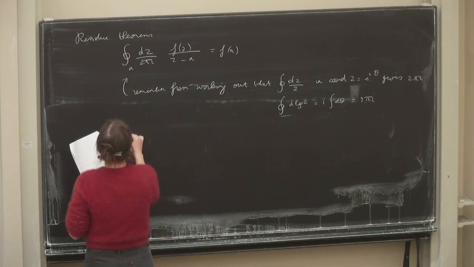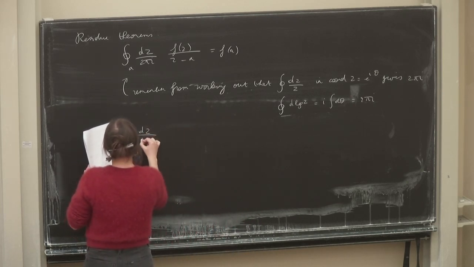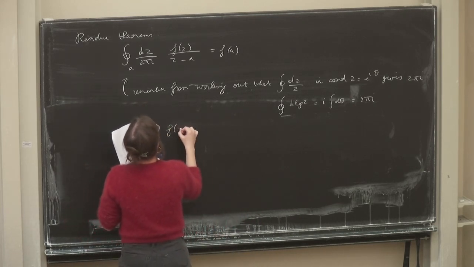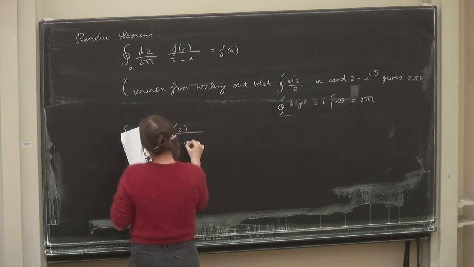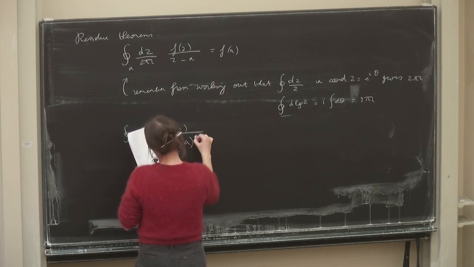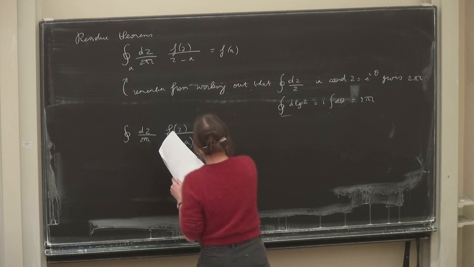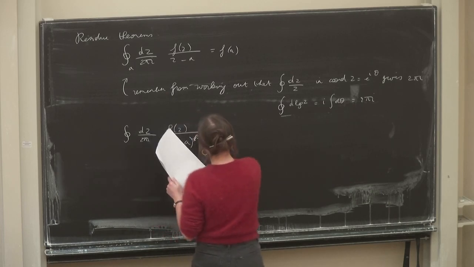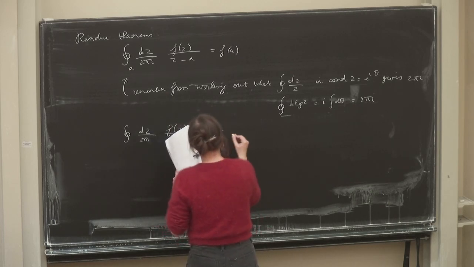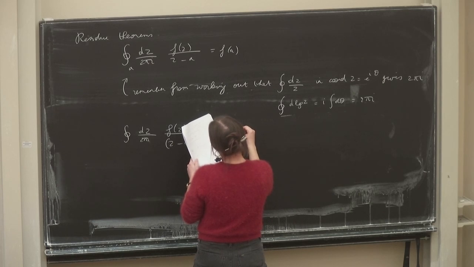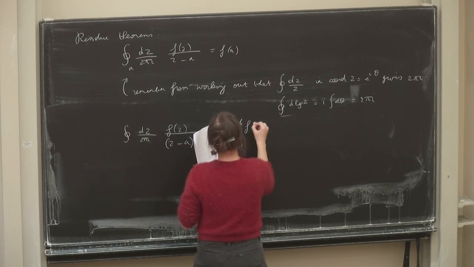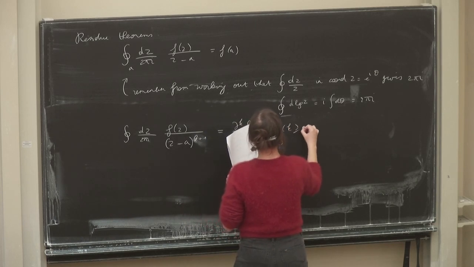And then the next one that we need is the one with higher order poles. So this is a k plus 1. Is equal to k factorial, for k larger or equal than 0.